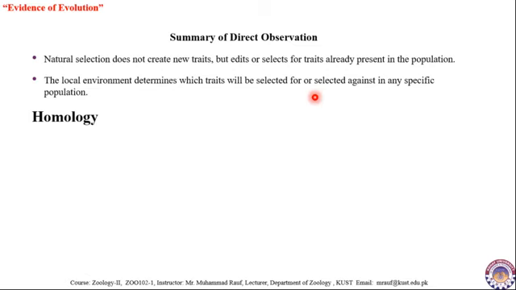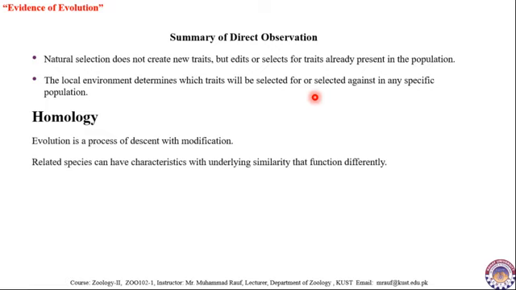So now we move on to homology. A second type of evidence for evolution comes from analyzing similarities amongst different organisms. Evolution is a process of descent with modification.